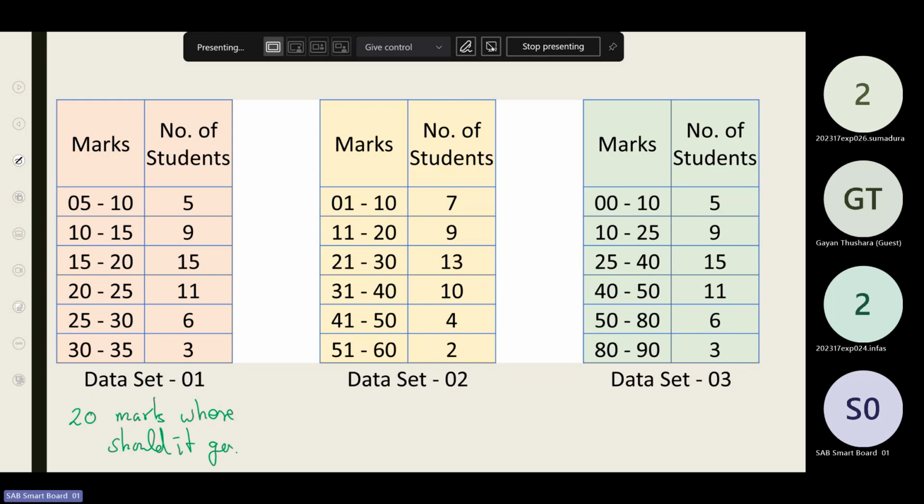Because here we have 15 to 20, 20 to 24. So that 20 marks, where should it go? I have that issue, right?